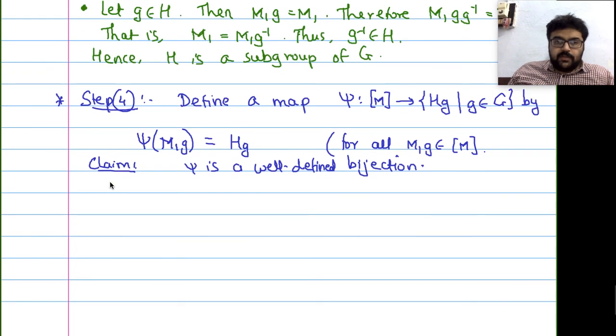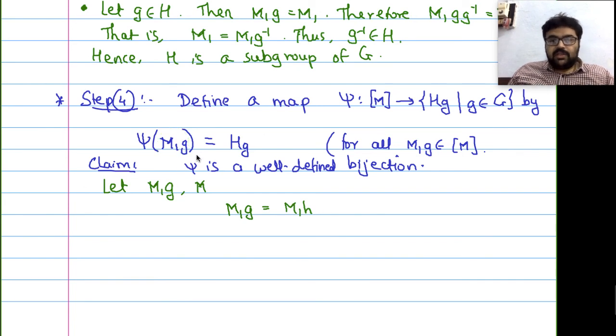So let m1g and m1h be in the equivalence class. What we write here is m1g equals m1h. This is how we write. But in the exam, what often happens is that you change this itself.